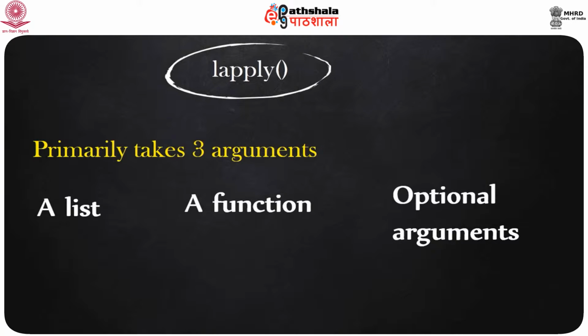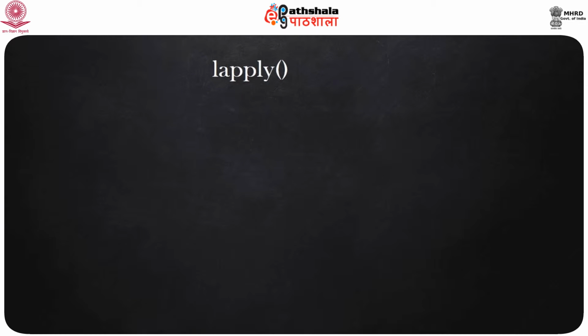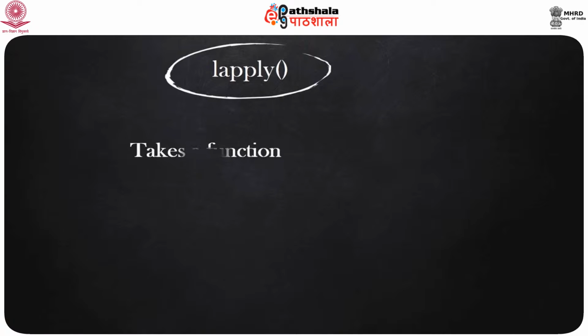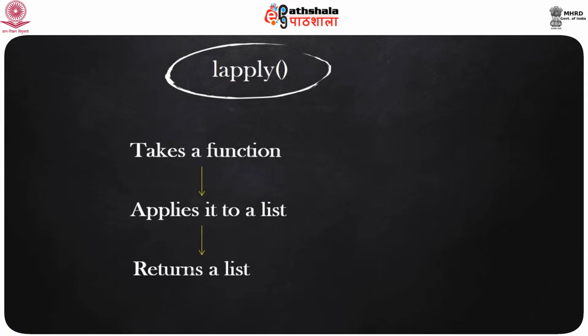Now think about what this function actually does. At the very beginning, it takes a function, applies it to each element in a list that is provided by us, and then returns the results in the form of a list.